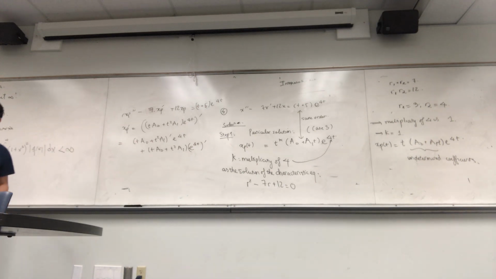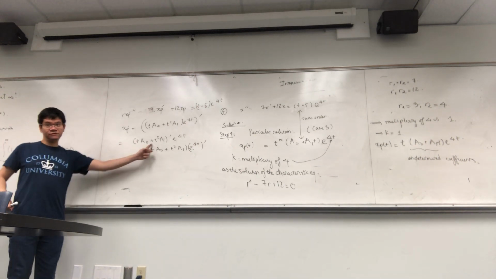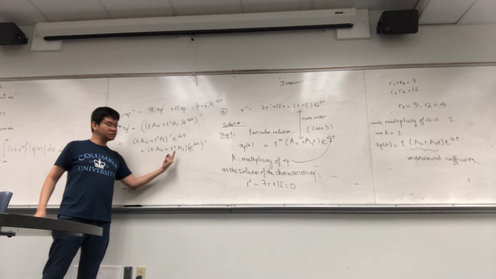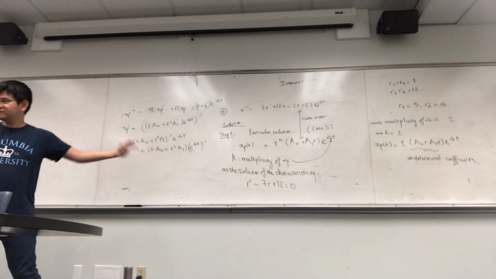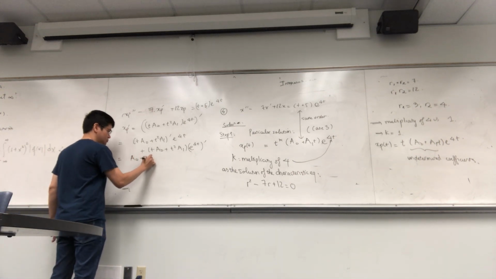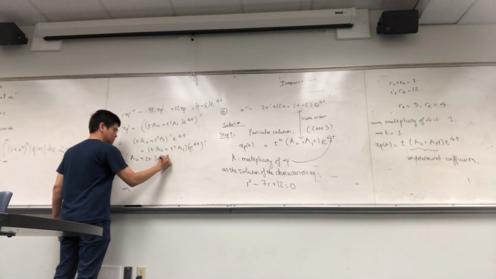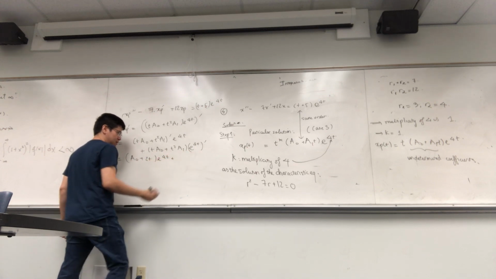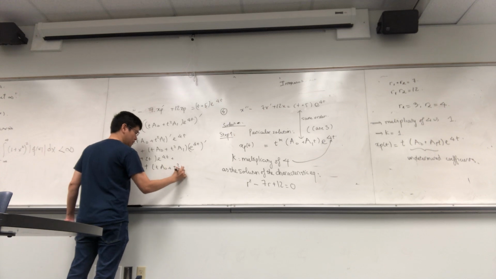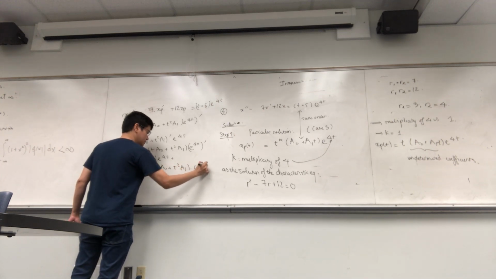The derivative of e to the 4t is 4, so I have (t a0 plus t squared a1) times 4 e to the 4t.